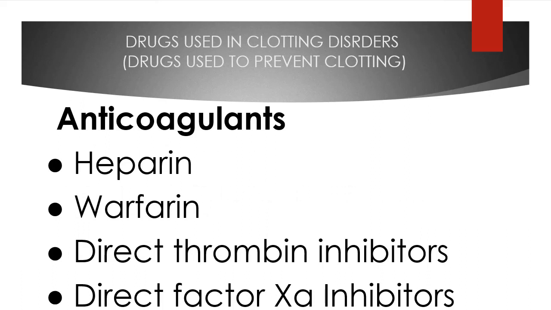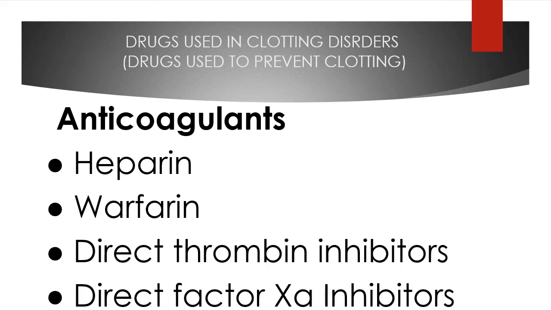Drugs used in clotting disorders or drugs used to prevent clotting include anticoagulants, fibrinolytics or thrombolytics, and antiplatelet drugs. Anticoagulants include heparin, warfarin, direct thrombin inhibitors, and direct factor Xa inhibitors.